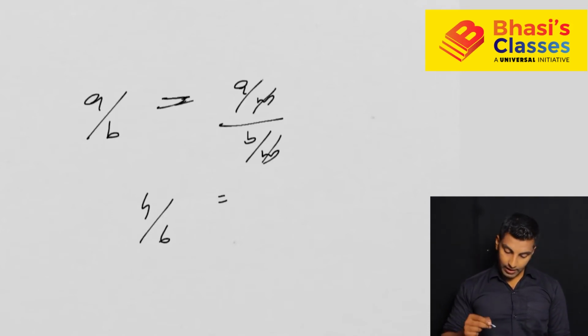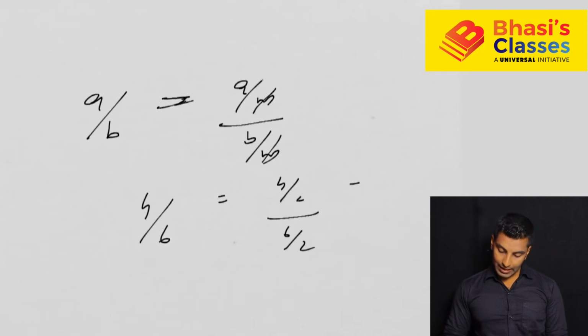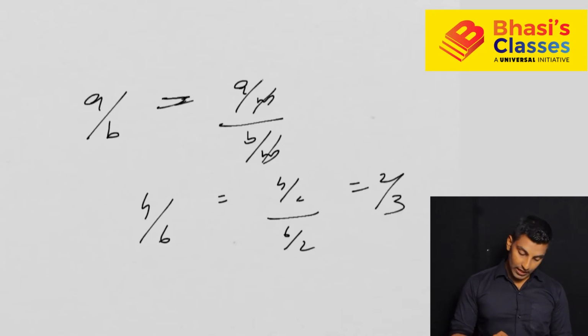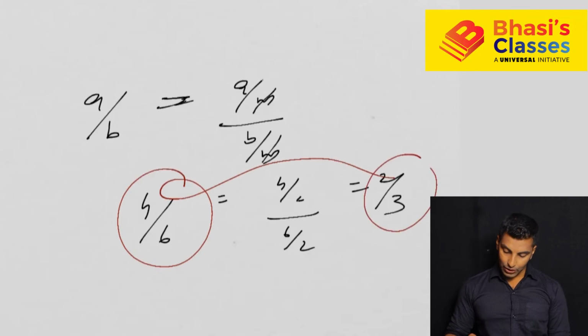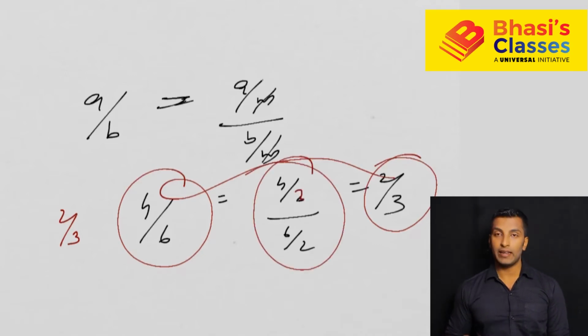Now you divide numerator and denominator with 2, so 4 by 2 and 6 by 2. What you get is 2 by 3. So the point which I need to tell you is these two are actually the same. The ratio is the same. So 4 by 6 is nothing but 2 by 3 itself. So when you divide the numerator and the denominator by the same number, the ratio remains unchanged.